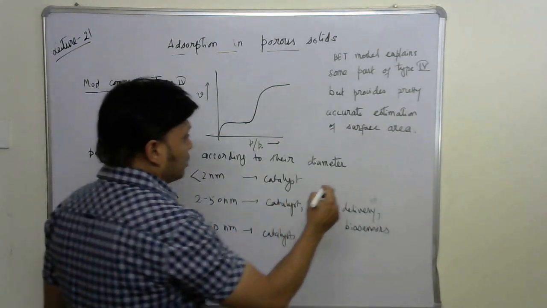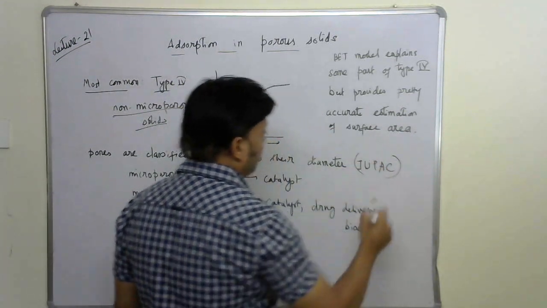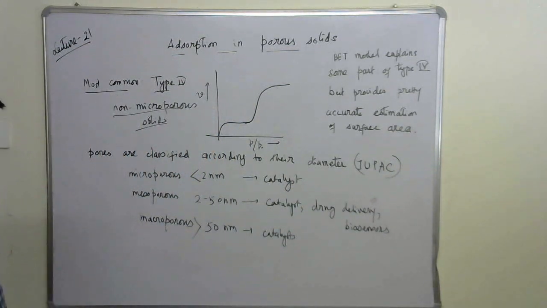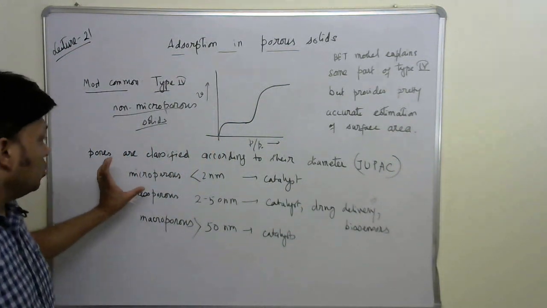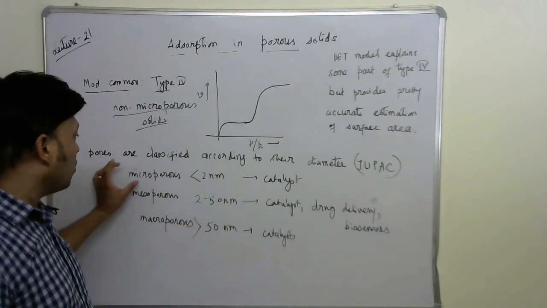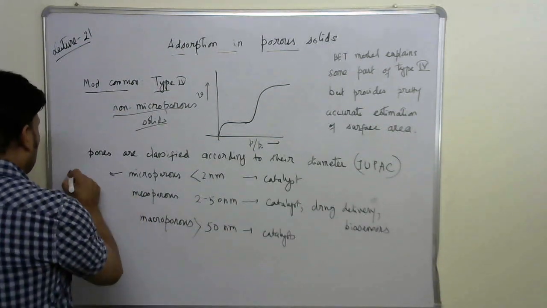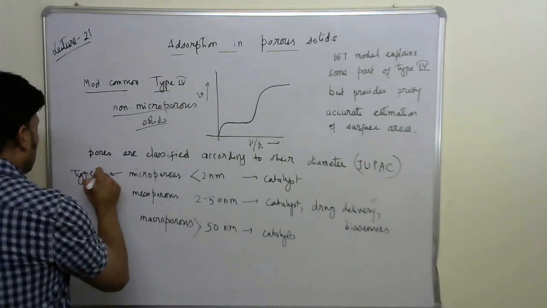This classification has been done by, once again, the International Union of Pure and Applied Chemistry, IUPAC. They say that those materials that have pores below 2 nanometer are called microporous materials, and they exhibit typical type 1 adsorption isotherm.